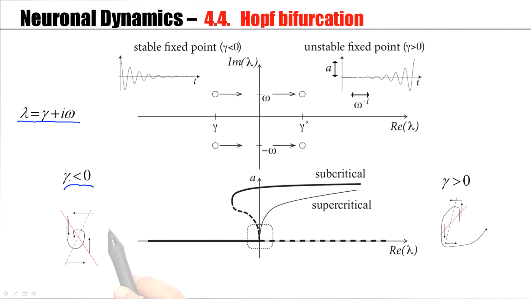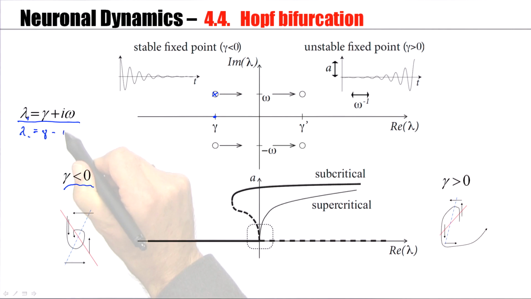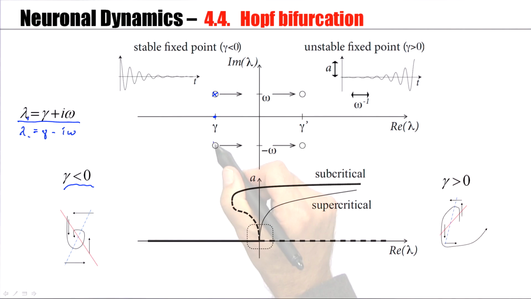Now we increase our current. If we increase our current, then the real part of this eigenvalue increases. The eigenvalues sit at gamma plus i omega, that's this eigenvalue, and then there's another one, gamma minus i omega. It's down here.